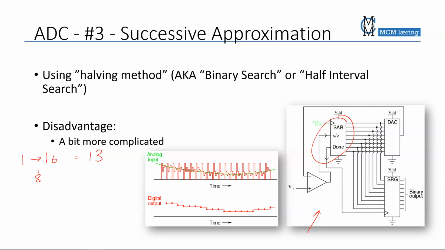If you answer higher, then I know that your number is between 8 and 16. So I halve that, and my next guess would be 12. Again, you would say higher, and I know that your number is between 12 and 16.